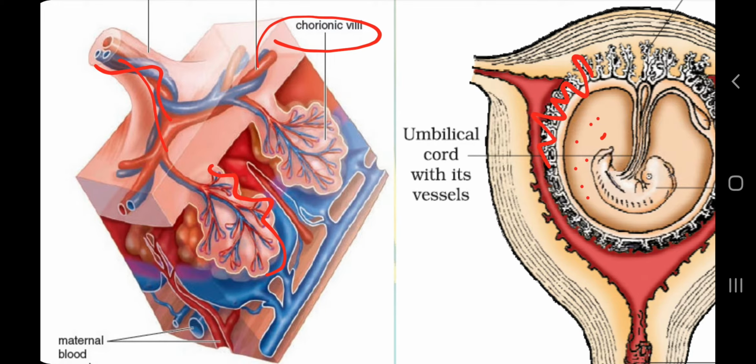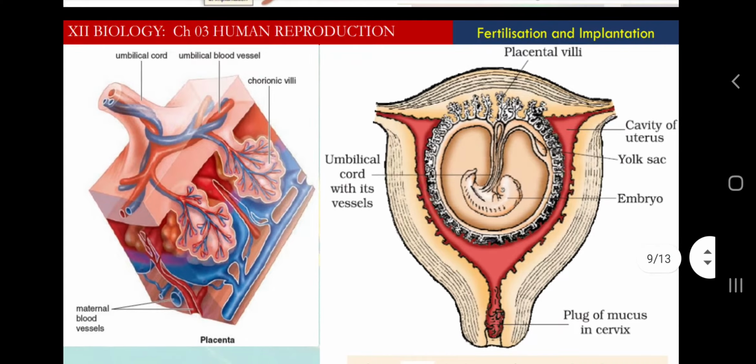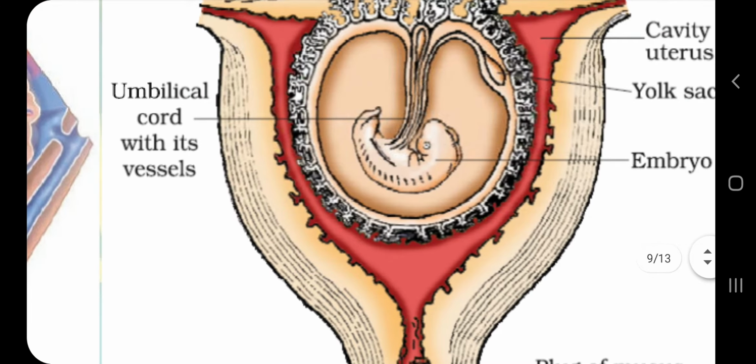So what is the function of the placenta? Very crucial, important, very simple. When the embryo is developing, we know that the embryo does not have lungs, heart, kidneys, or a digestive system, and it is not feeding as well. So the embryo needs many things: nutrition, gases for breathing, removal of excreted material, and some antibodies for defense.